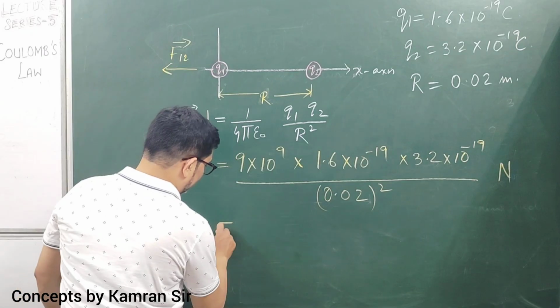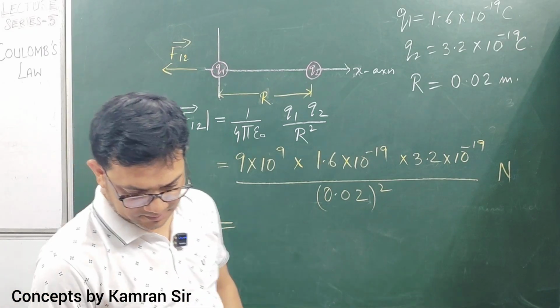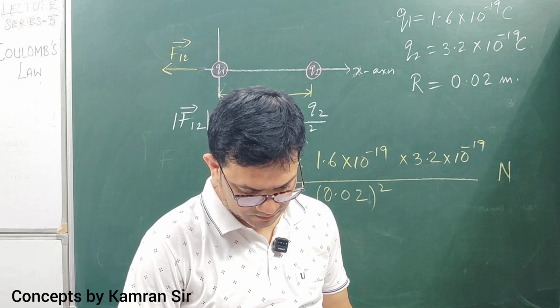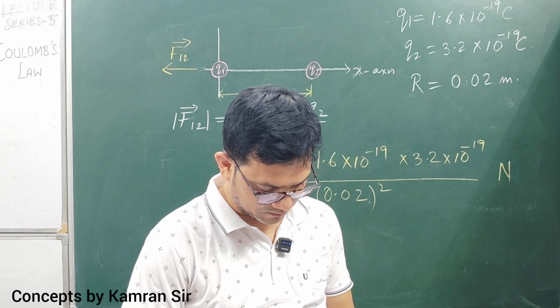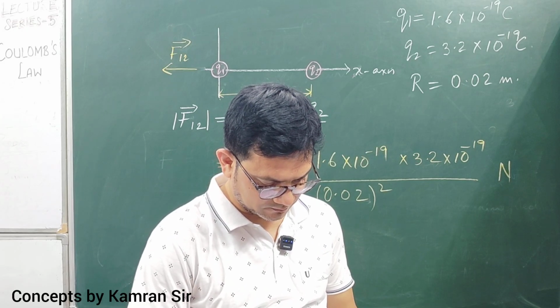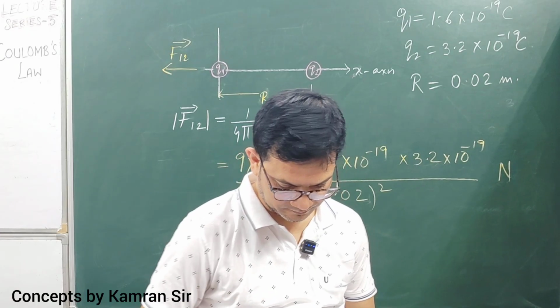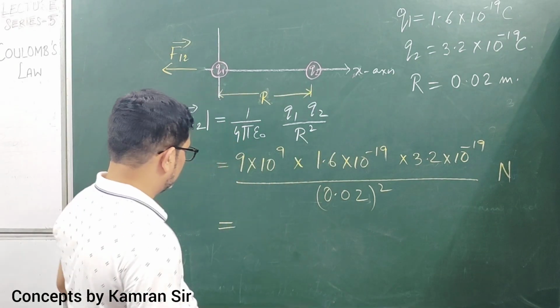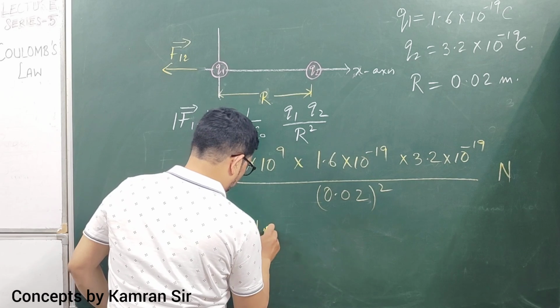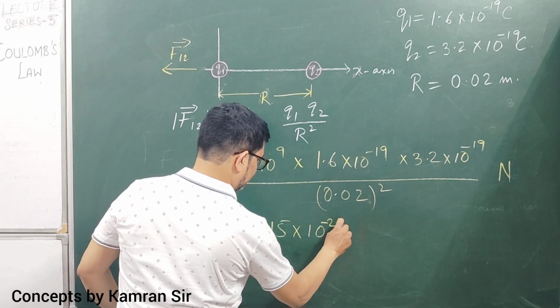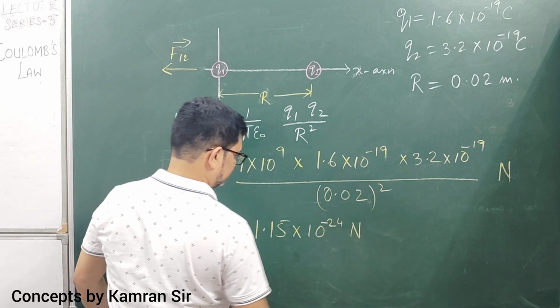So if you evaluate, let me use my calculator for that. If you check the answer, it comes out to be approximately 1.15 times 10 raised to the power minus 24 newtons.